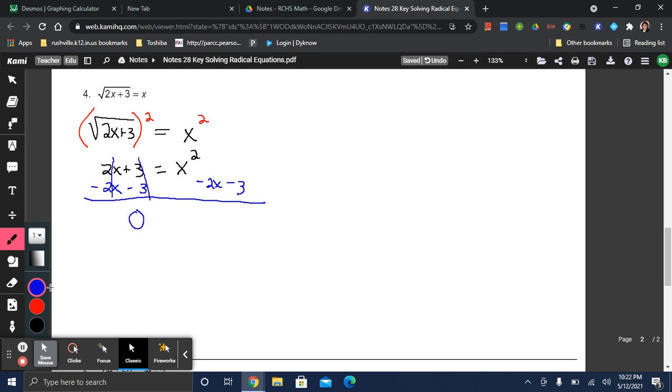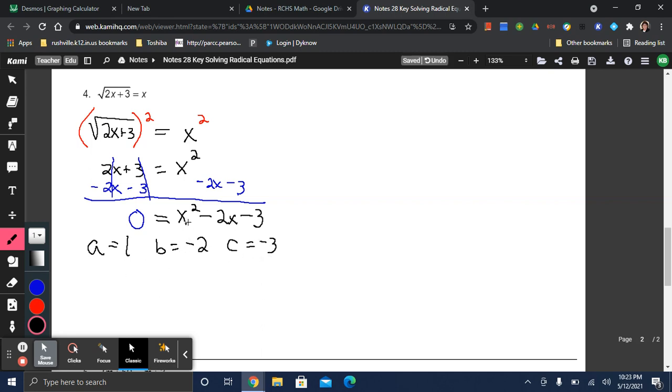One side of my equation equals 0. And then over here, I'll have my x squared first, minus the 2x, minus the 3. So my a is 1, b is -2, and c is -3.